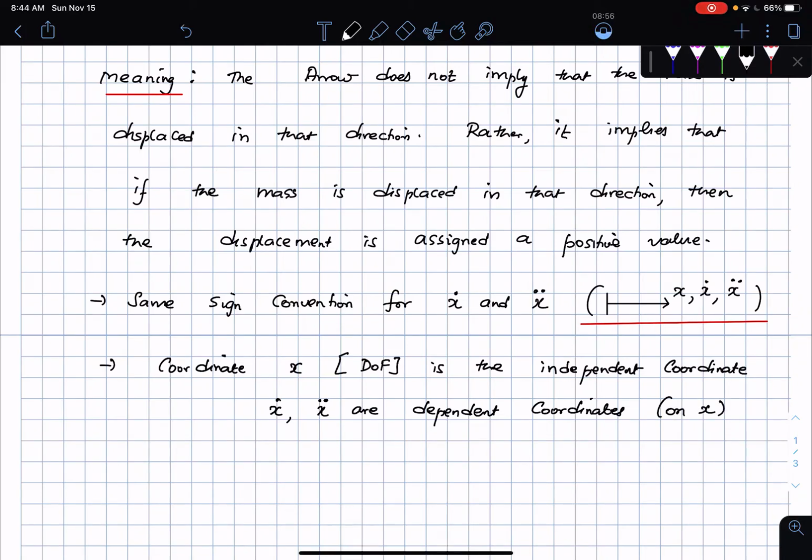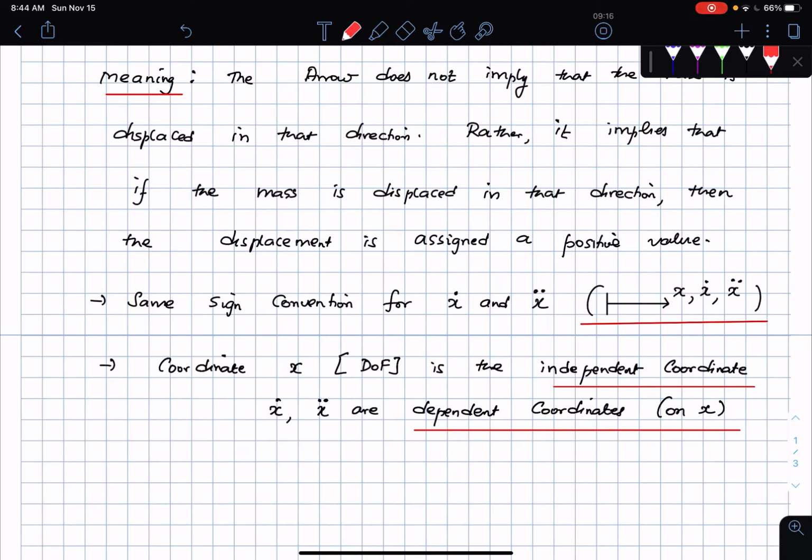That is, if I know x, then I can find x dot and I can find x double dot. That's the typical idea. So they are dependent, and x is the independent coordinate. This is also something that you want to keep in mind, and something that you've probably seen when we were doing equations of motion for rigid bodies earlier on, or for particles earlier on.